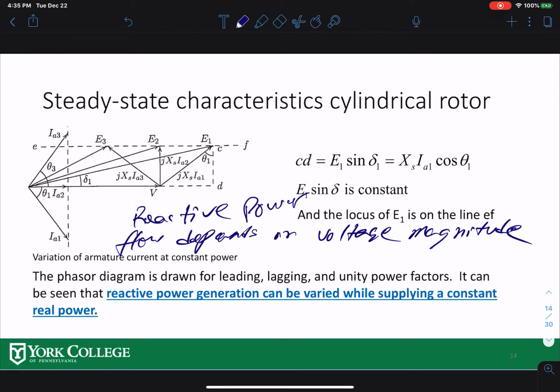In a lagging power factor generator mode, which is overexcited, your excitation voltage is higher than your bus voltage. That means your reactive power is supplied by the generator. When in leading power factor mode, your excitation voltage is lower than your bus voltage. That means your generator is consuming reactive power.